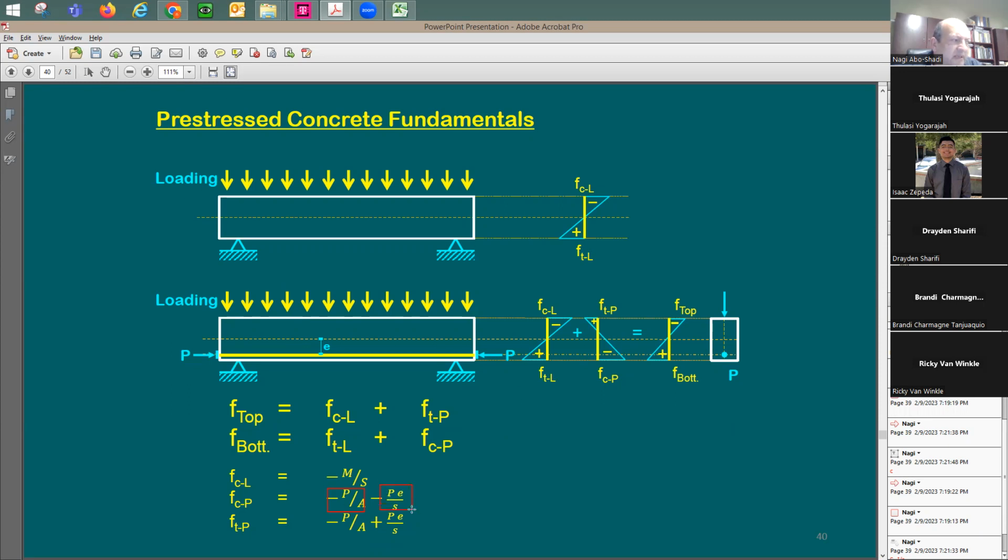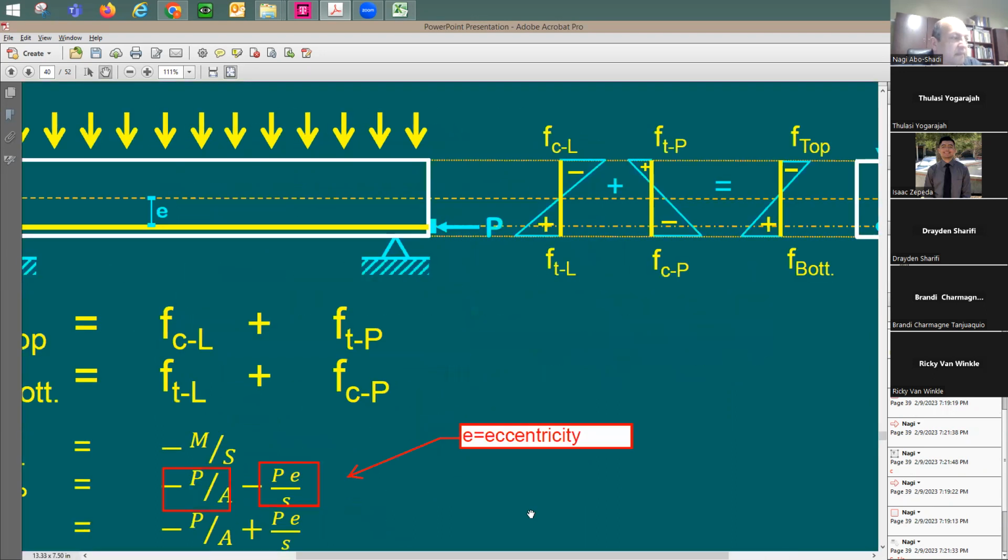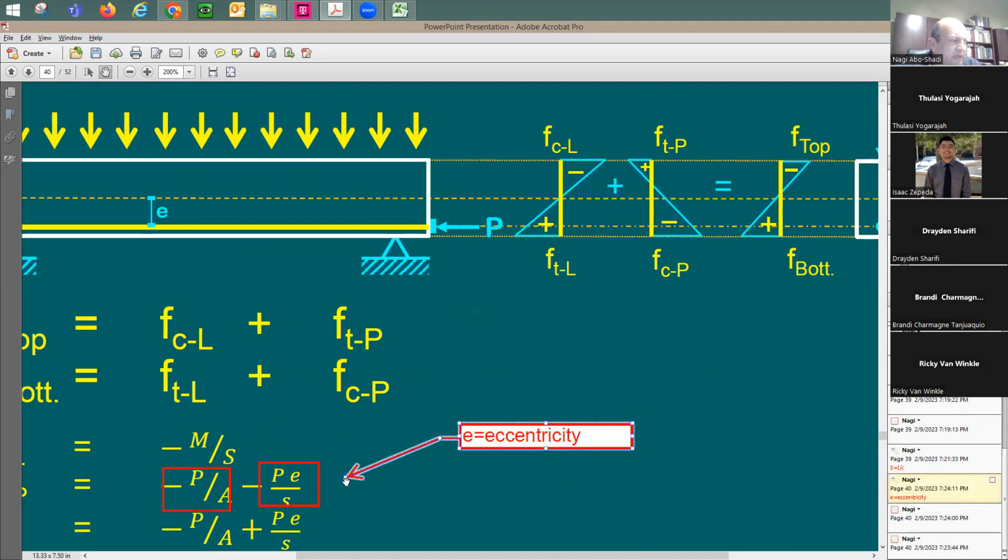We call this E, eccentricity. Can someone help me here and say what is the opposite of eccentricity?